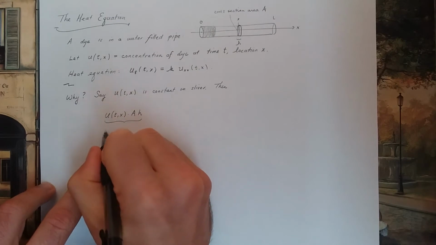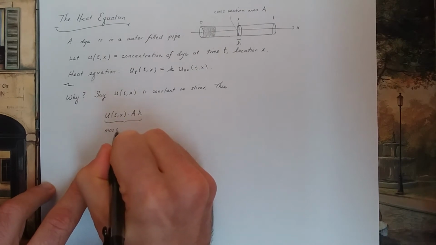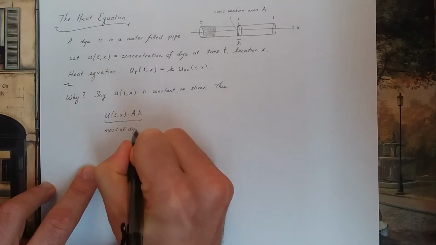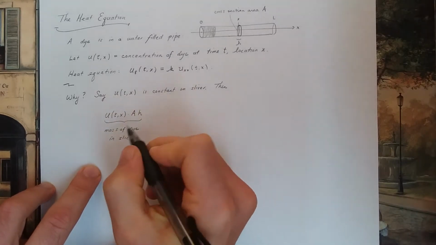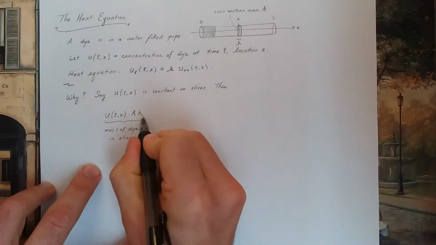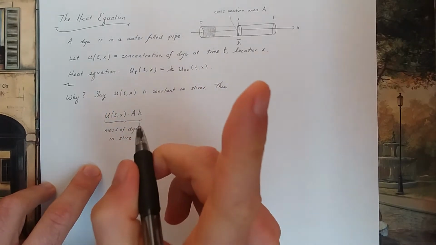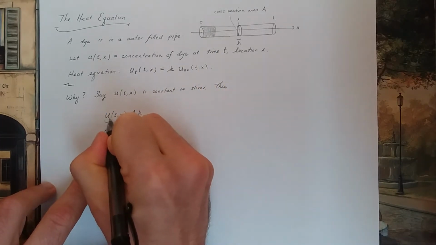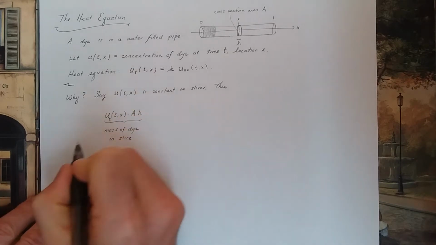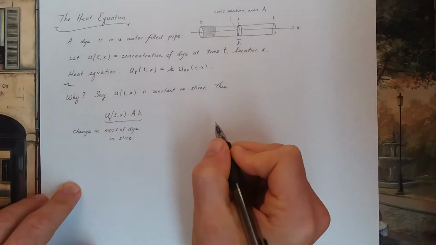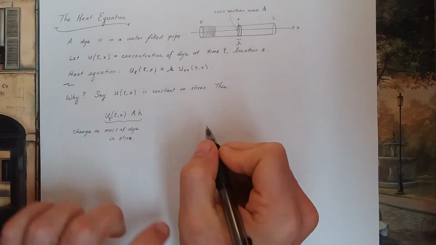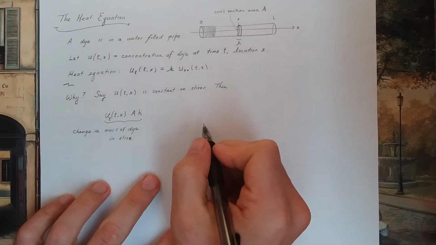So this will be the mass of the dye in this slice. Now, if I take the derivative of this with respect to t, so I'm going to put a subscript t here, that will give me the change in the amount of mass of the dye in a slice.